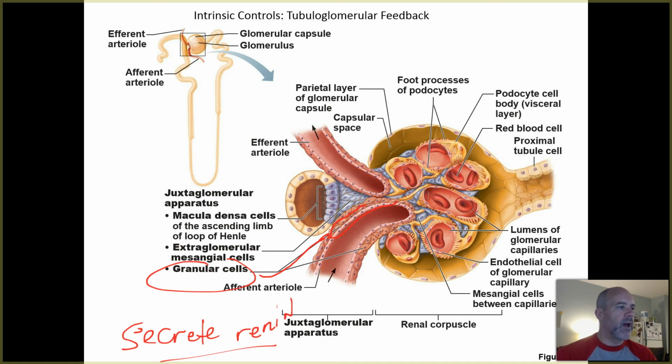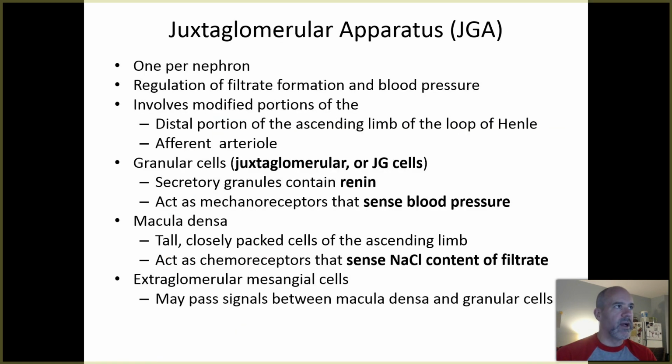And so we'll be hearing about them as well as we talk about these topics. And then you've got these extraglomerular mesangial cells. And they may play roles in communicating the signals between the macula densa cells and the granular cells that you see there on the diagram.